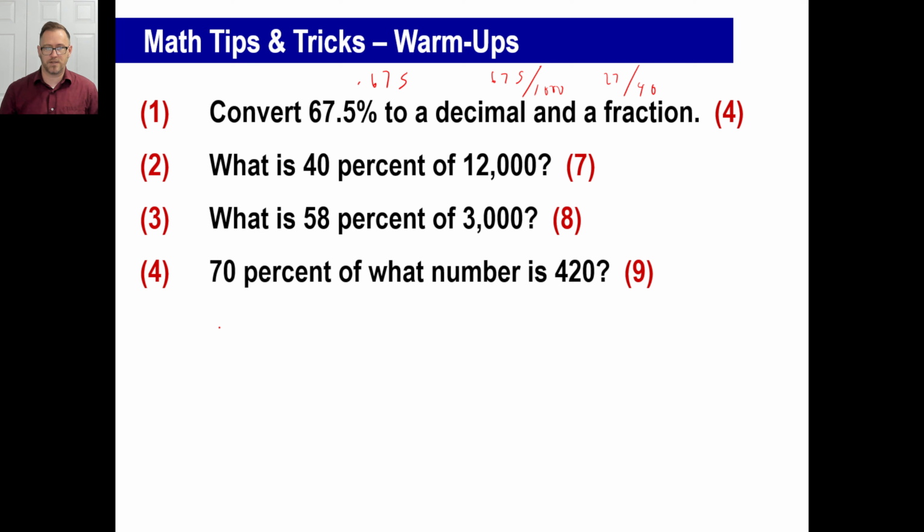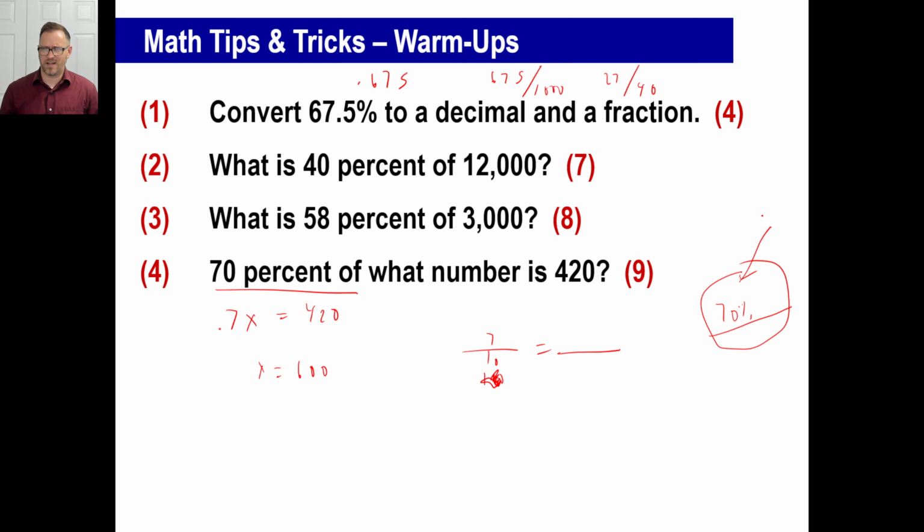Let's do it both ways. 0.7 of what number is 420? Divide by 0.7, and that's going to be 600. The other way is fraction equals fraction. 70%, make it 7 out of 10. Oops, that's not 10, that's 100. What number is 420?